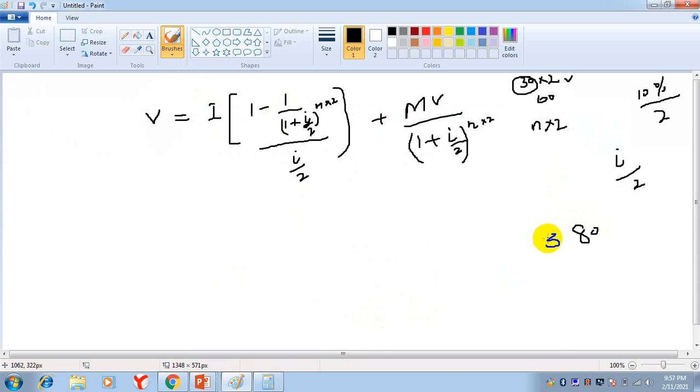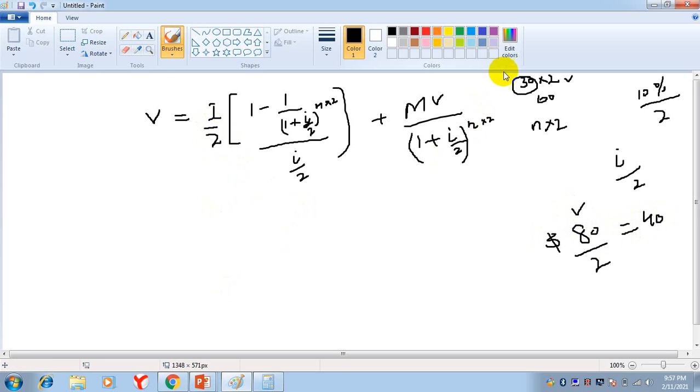But when you receive interest 2 times a year, it will be divided by 2, meaning you will receive $40 after 6 months. After 1 year you were receiving $80, so after 6 months it will be 40. So that's why this I will be divided by 2.